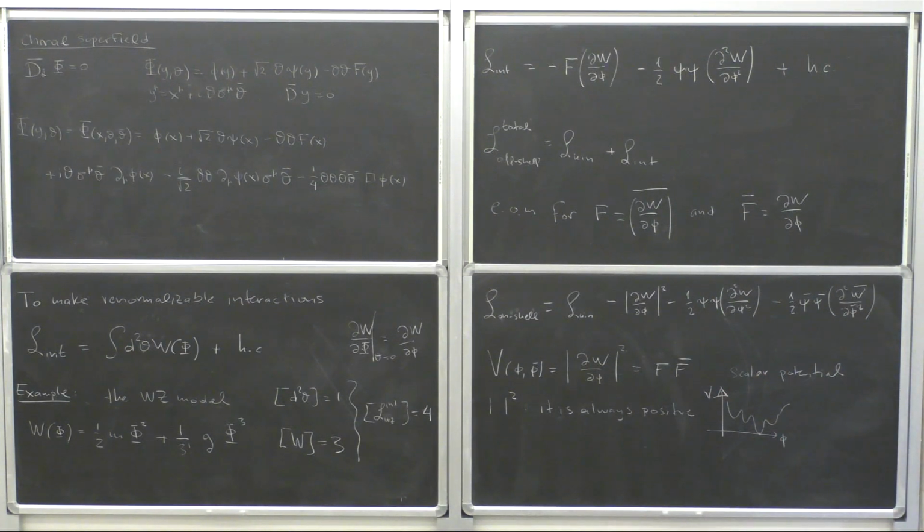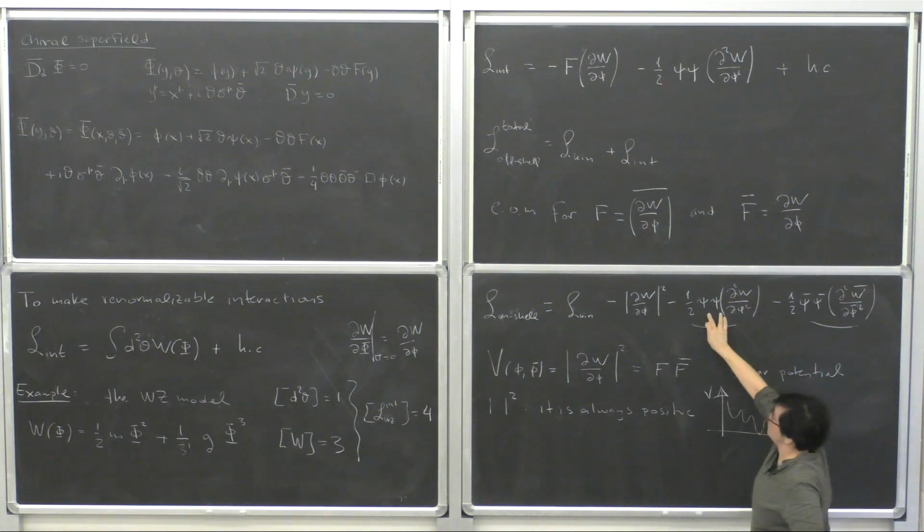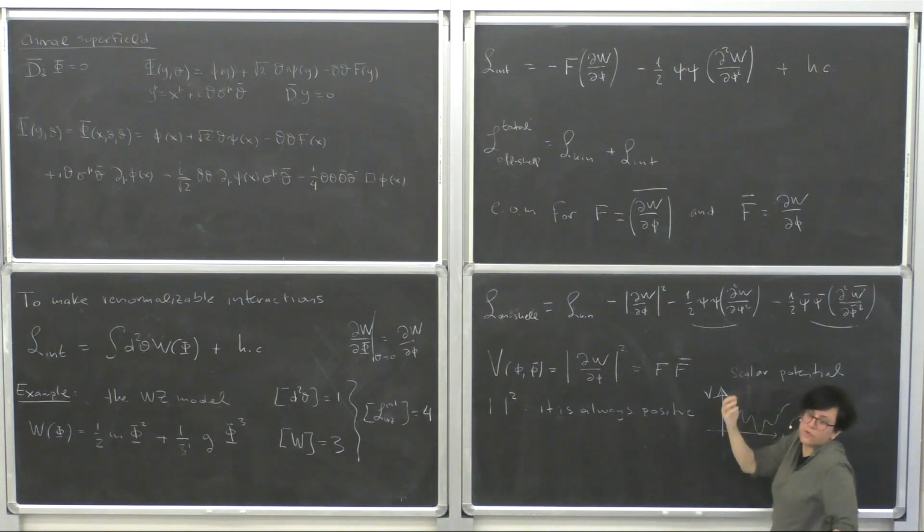You can go below only if you do something and break supersymmetry. As long as you keep supersymmetry, this is how it can look. Yes? And maybe one last comment. This is some type of scalar multiplying psi psi. This is some type of Yukawa terms.